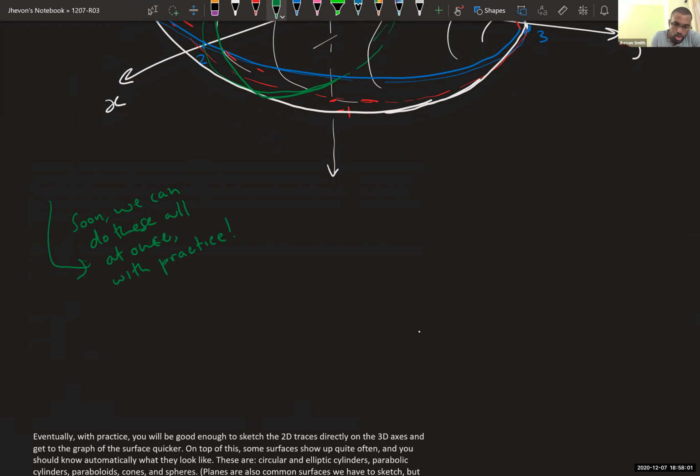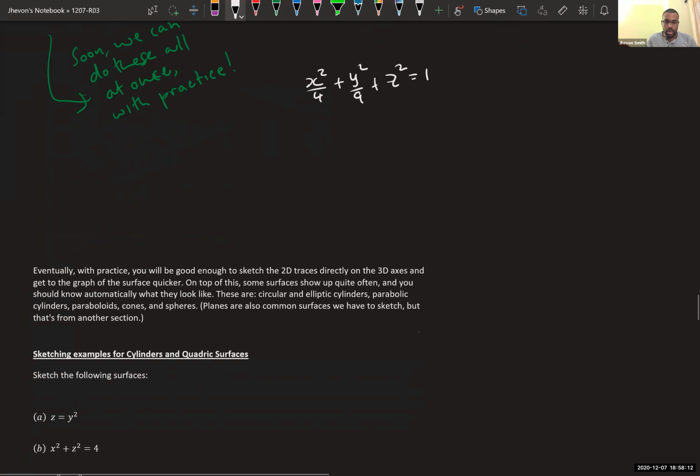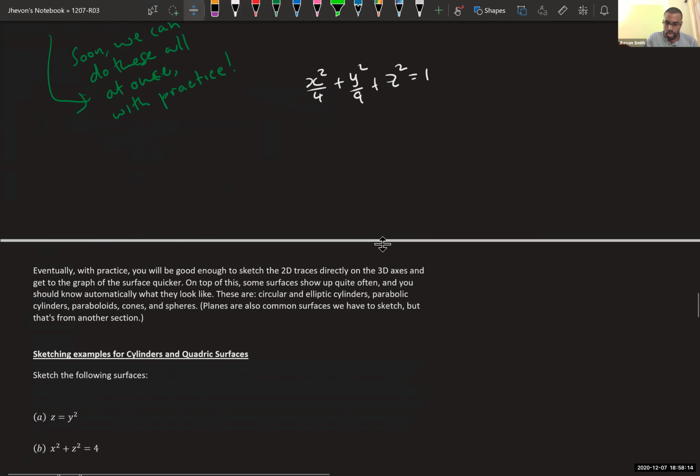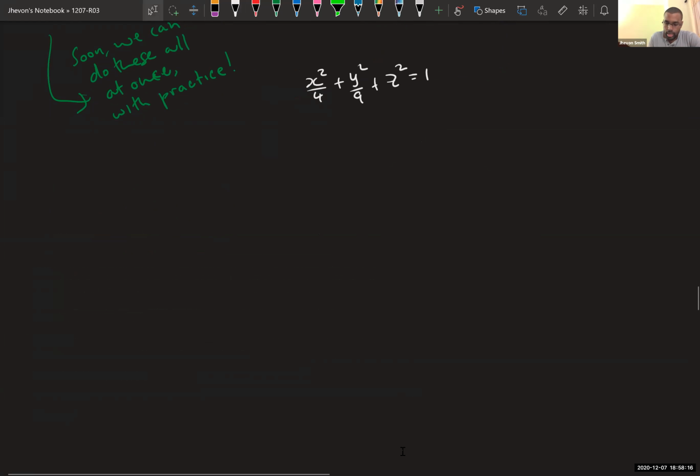With practice, you can actually see the equation x squared over 4 plus y squared over 9 plus z squared equals 1. And then you'll be able to just go in and say, okay, here are my axes.